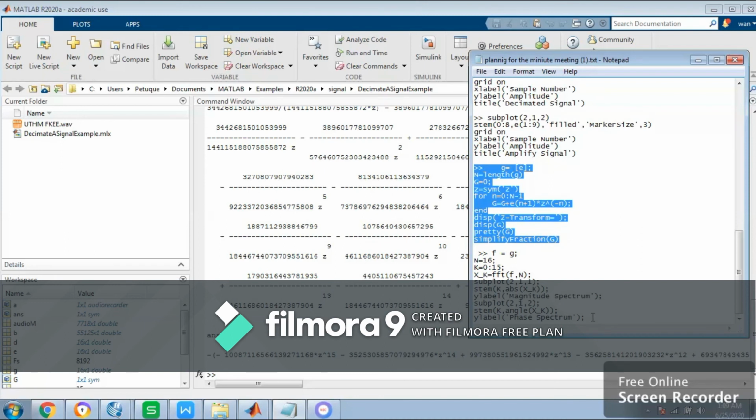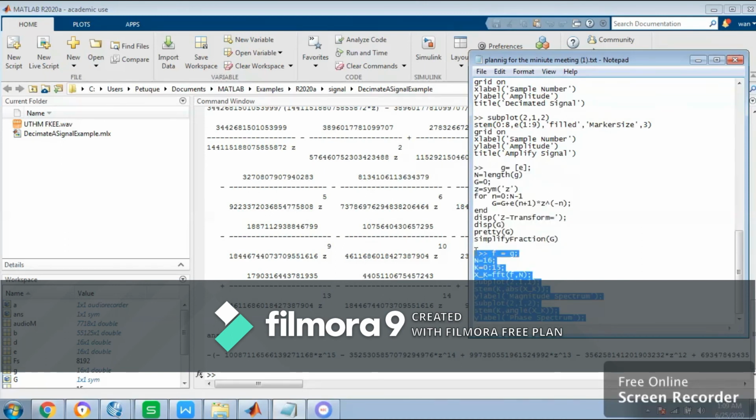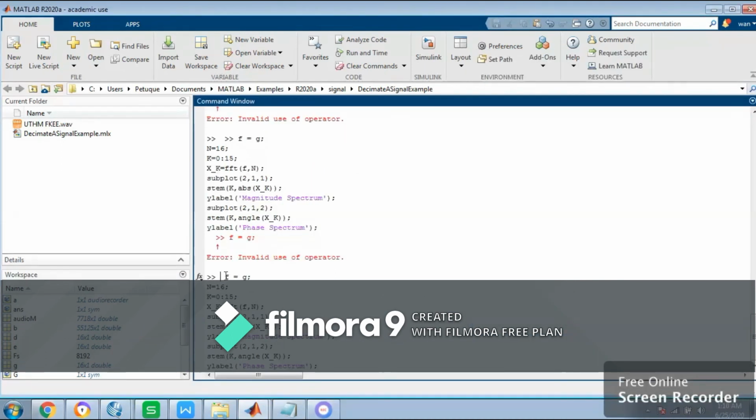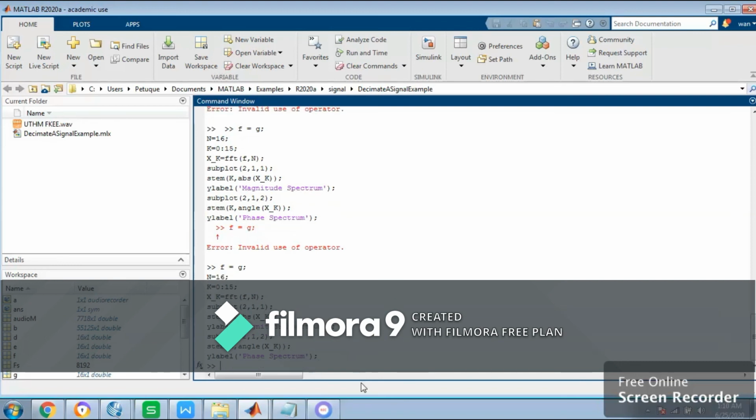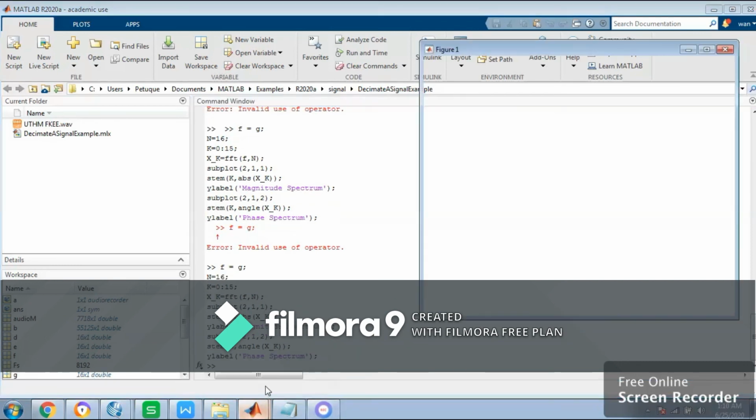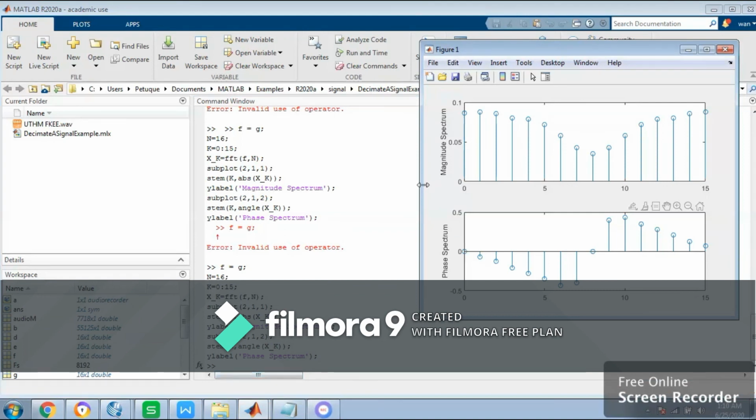So next we are going to obtain the signal spectrum. From the graph we can see the magnitude spectrum and the phase spectrum.